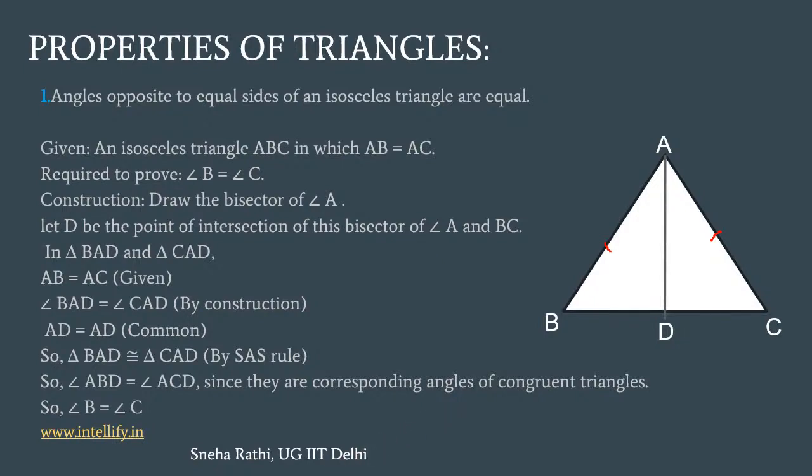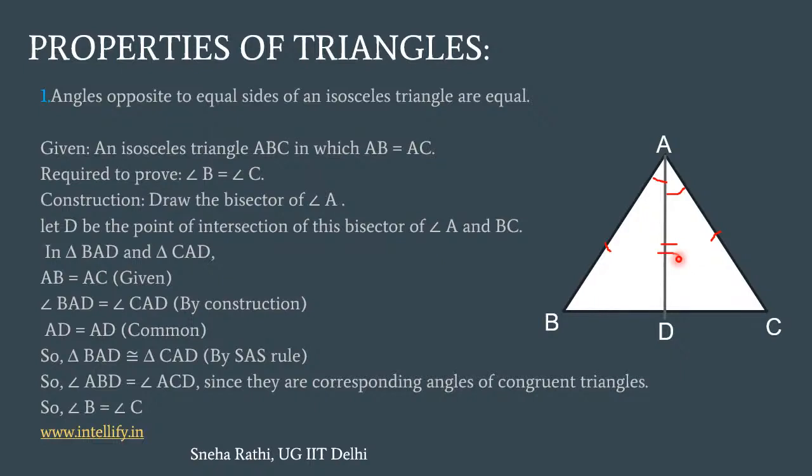In that AB is equals to AC because it is given, and angle BAD will be equal to angle DAC because AD is the bisector of angle A, and AD will be equal to AD because it is common. So by SAS, side angle side congruency, we can say that triangle ABD and triangle DAC are congruent. Side angle side.